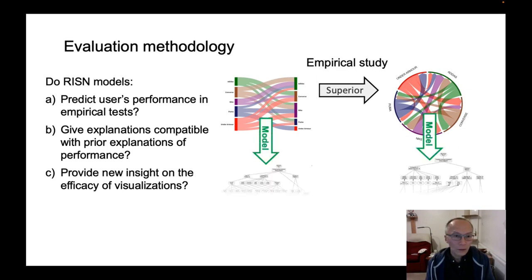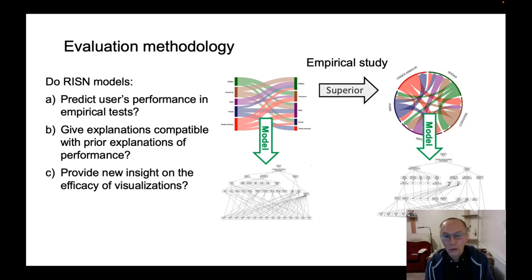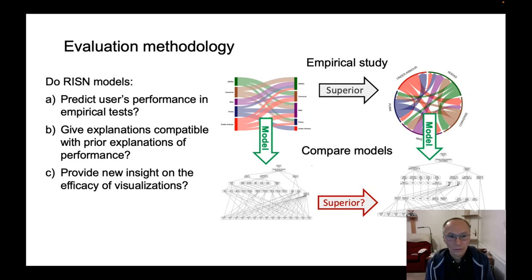We then build models of each one of these, and we can inspect the models in order to try and come up with explanations about the relative efficacy, and also we can make quantitative predictions about their relative efficacy. And if the order of the prediction of which one is superior compared to the other matches that of the empirical studies, we have some evidence for the adequacy of our approach.